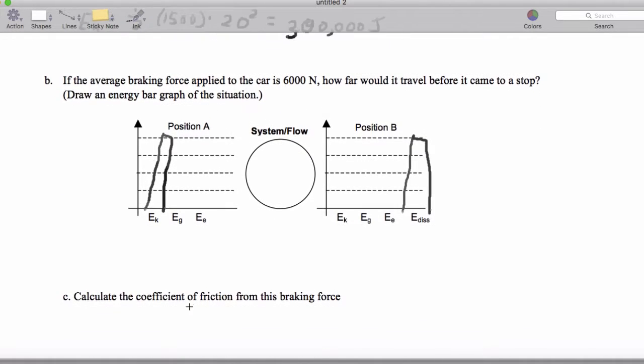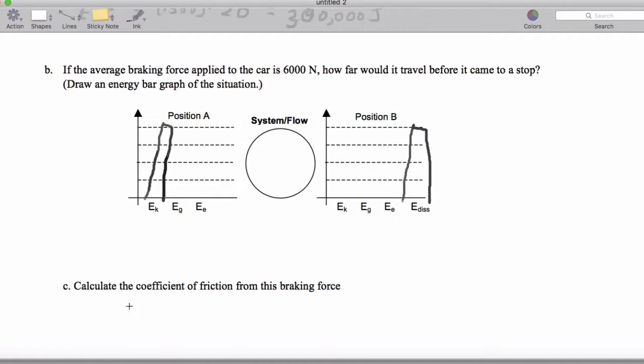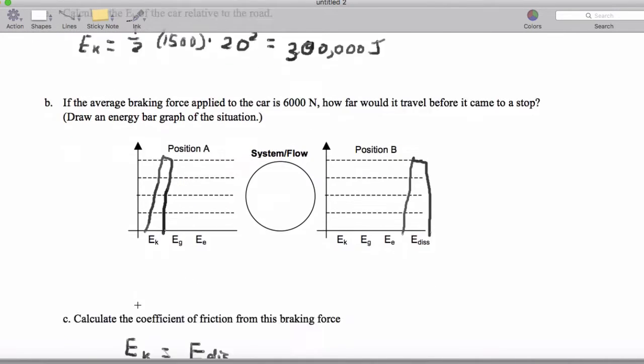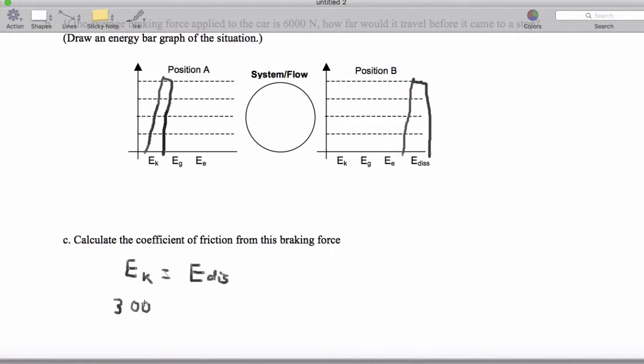So let's get the coefficient of friction from this braking force. So I have EK equals E dissipated, and that E dissipated is going to be the work to slow the car down. So we're going to end up getting here 300,000 equals E dissipated, which is going to be the work done.